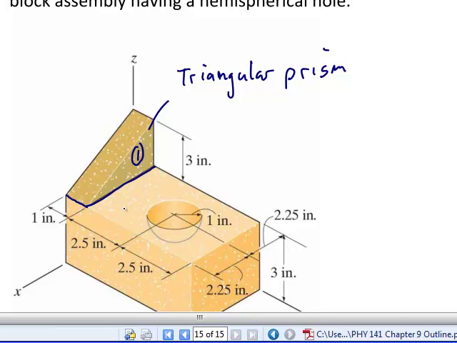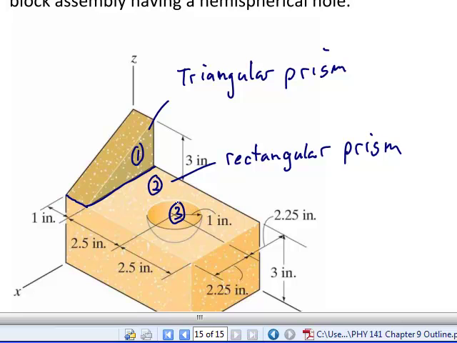So we can call that 2. And then the hemispherical hole would be our third volume.